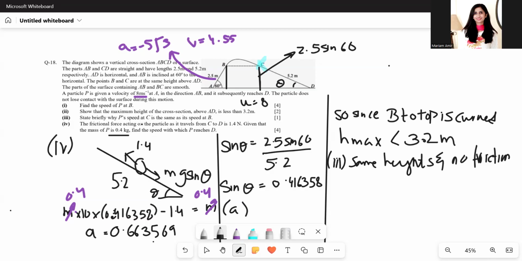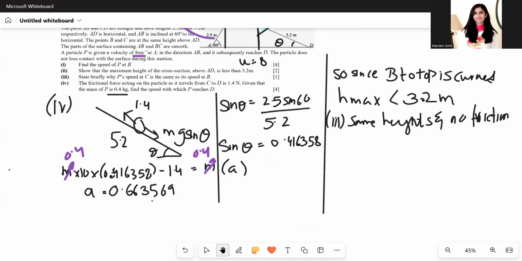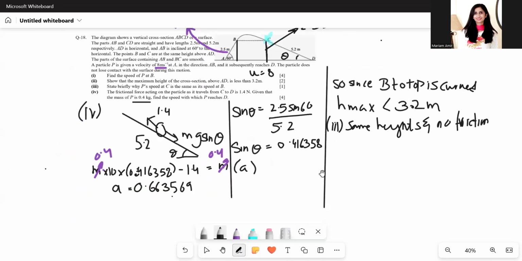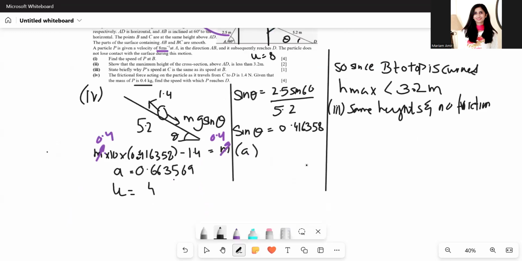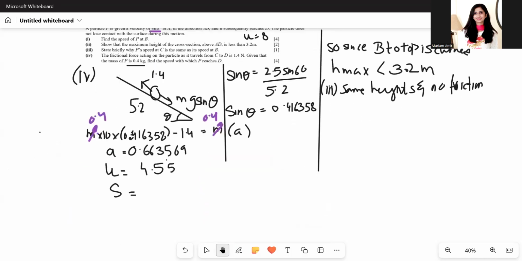Okay. Now we need to find the speed with which P reaches D. So now we have a. We have the u at C is the same as u at B, which was 4.55, I believe. Yes. Preferably use the unrounded answer. Then we have the s, which is 5.2.